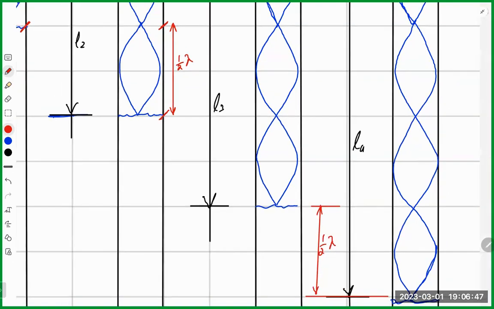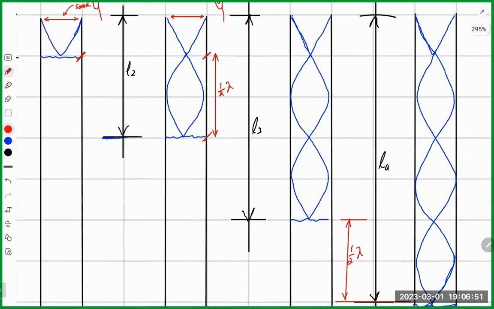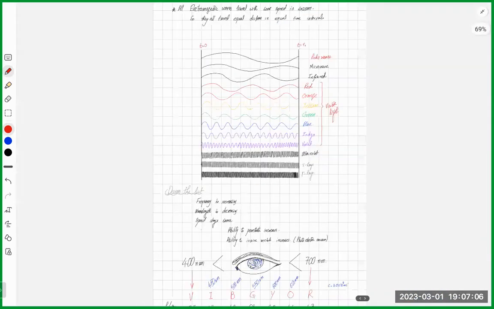So if we hear a loud sound and we start lowering the water level and we hear another loud sound, the difference between the two levels of water inside the pipe will be equal to half of lambda.